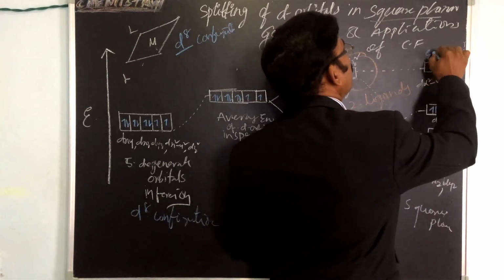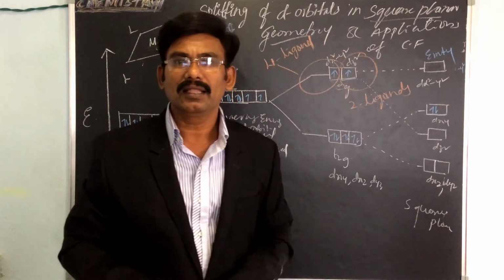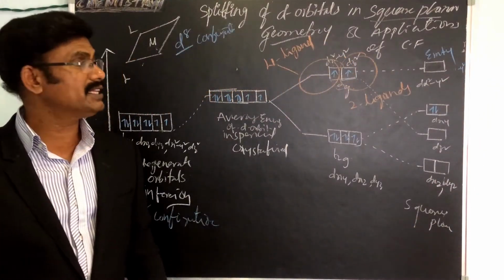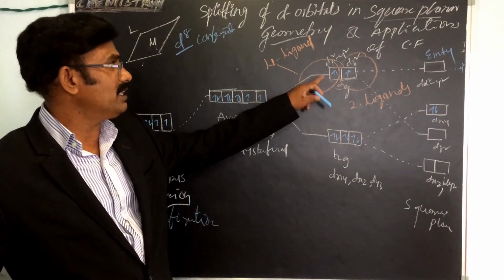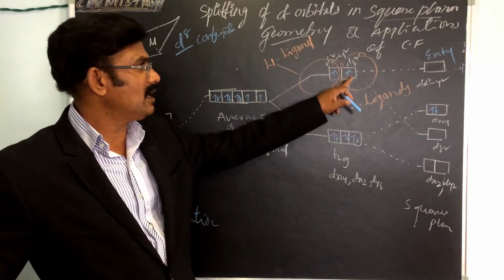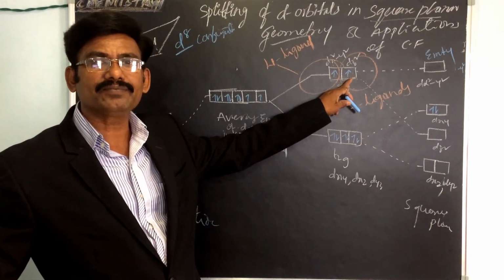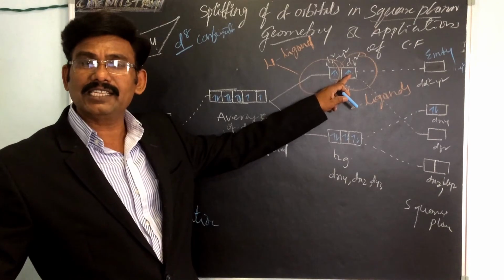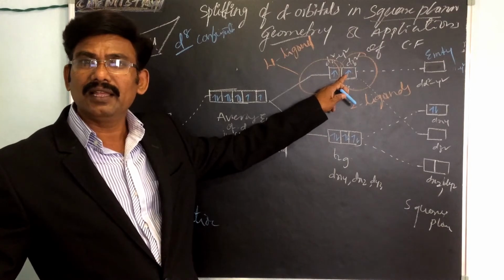This is the empty orbital. That is most important. Once again, listen: here the 4 ligands are occupied, and here the 2 ligands. The energy of dx square minus y square increases compared to the dz square.